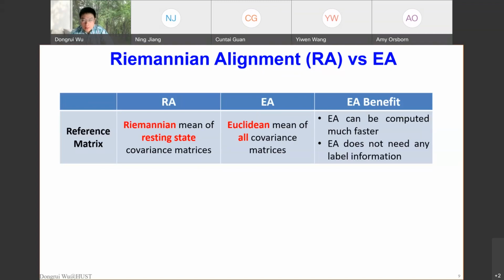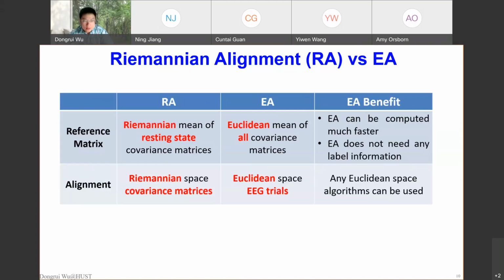First, it can be computed much faster because the Euclidean mean has a closed form solution, but the Riemannian mean does not. It's very time consuming to compute the Riemannian mean. And the second benefit is that EA does not need any label information, but in Riemannian alignment, we first need to identify the resting state, which needs label information.